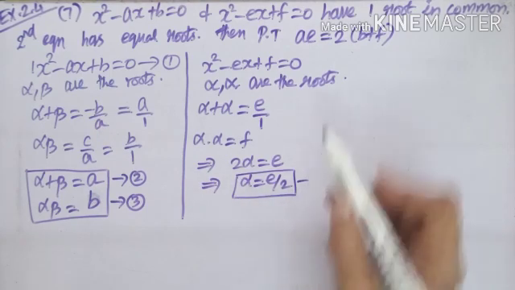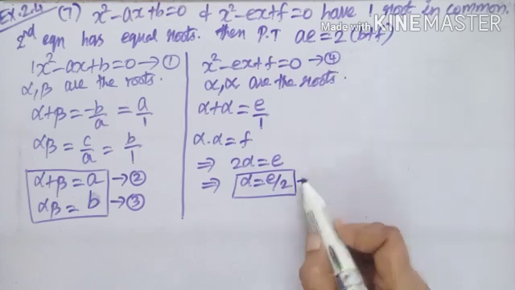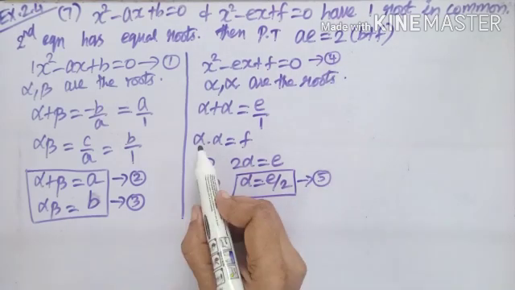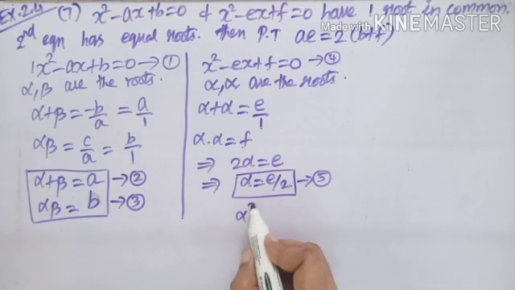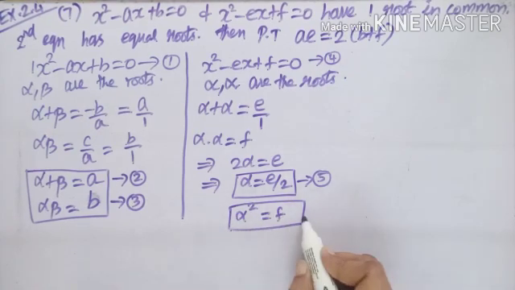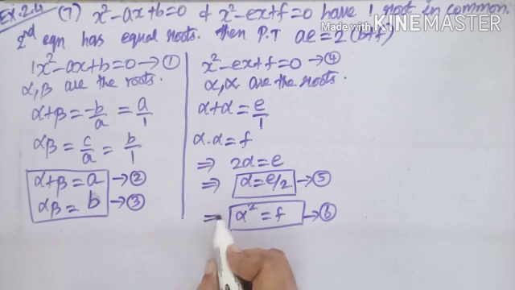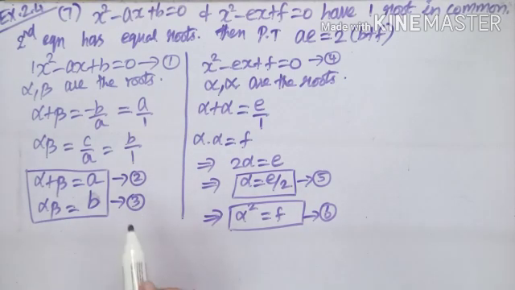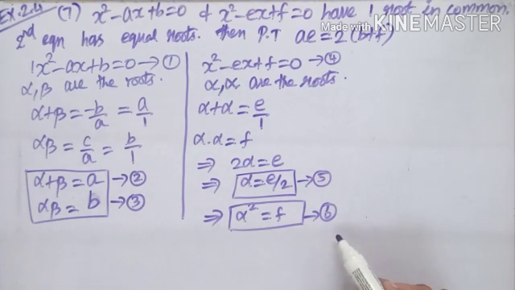Mark the condition 4 and this is 5. Alpha into alpha tells me alpha square equal to f. Mark this condition as 6. Now using 2, 3, 5 and 6, try to achieve the expected question.